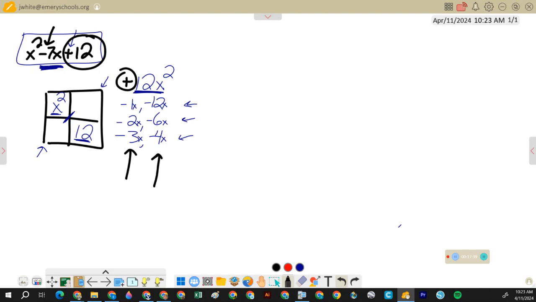Negative 3x and negative 4x, right? Negative x and negative 12x don't work. They do create 12x squared, but they also do not create a negative 7x. So this is part of my solution method, and they have to go in the other two boxes. Is it going to matter which one I put in each box? No, it doesn't matter. So I will put negative 3x here and negative 4x here.